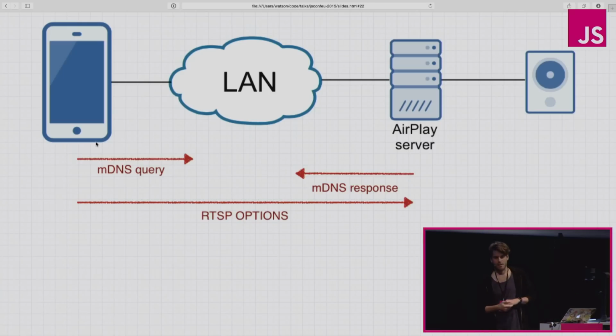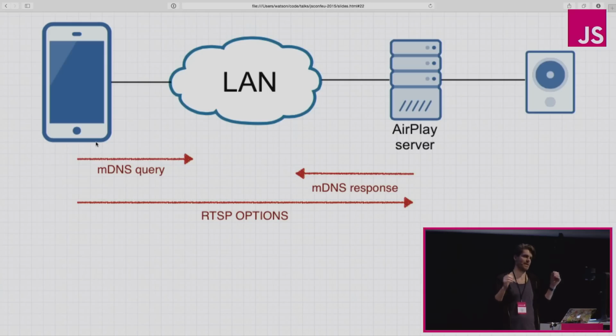And then the phone will be like, cool, so if it's just concerned about doing audio, it will send an RTSP OPTIONS request, which is basically a way for it to ask the server what kind of RTSP it supports.